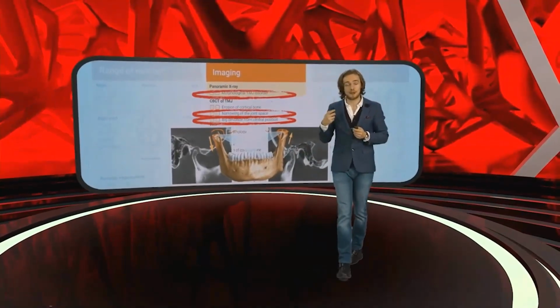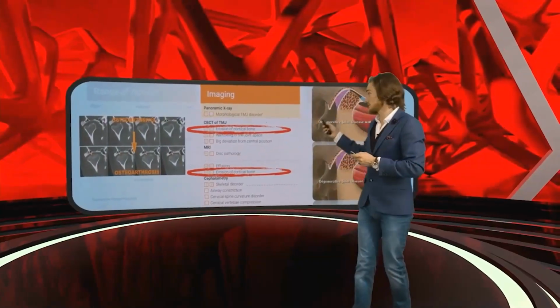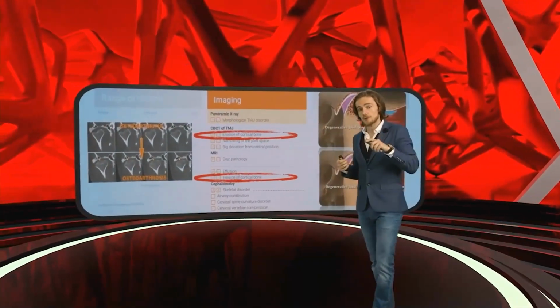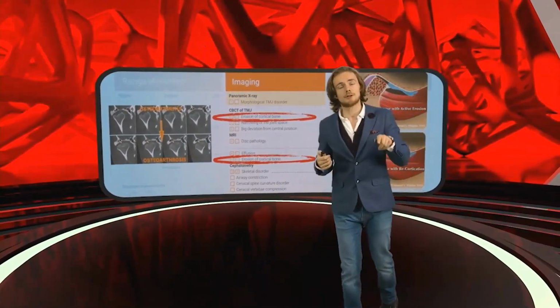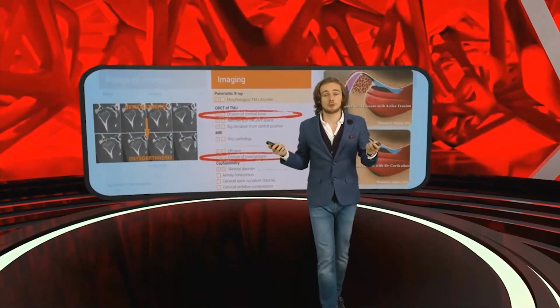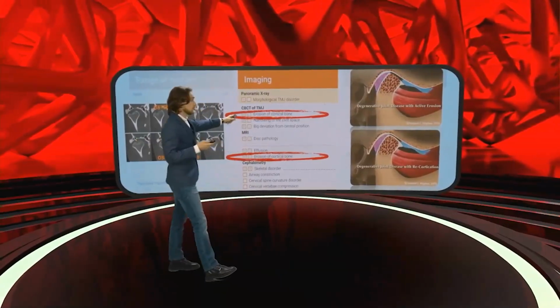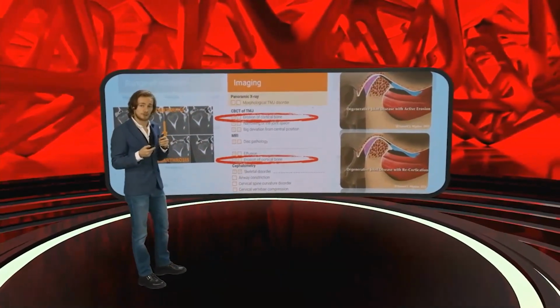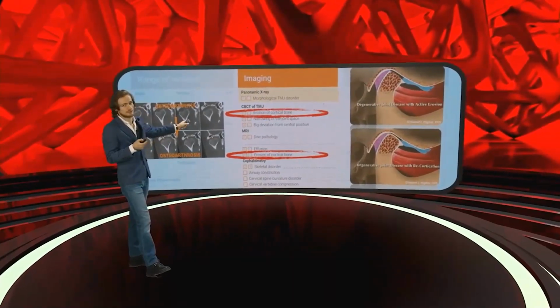So what else we have for the second part of the webinar is this. The most important thing if we talk about the TMD, if we talk about internal derangement, intracapsular disorders, is the erosion of the cortical bone. Because if we have active erosion, our treatment is not finished.